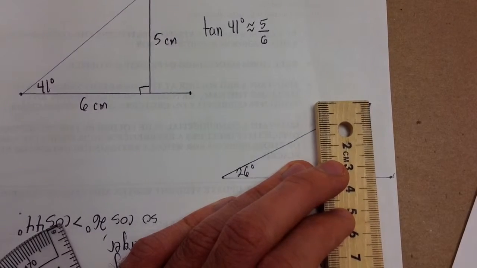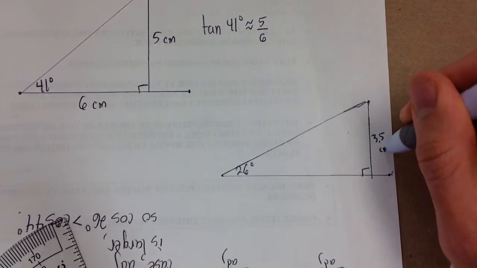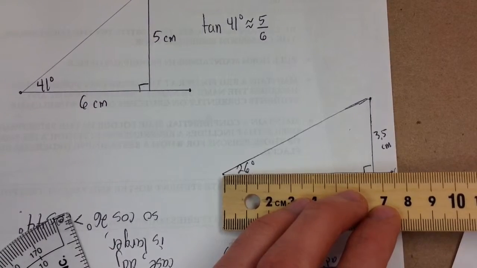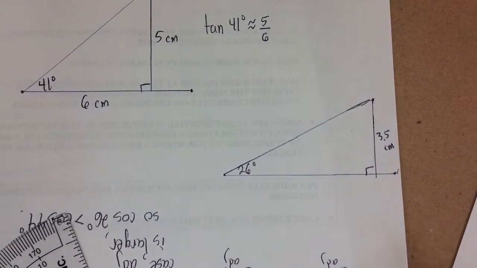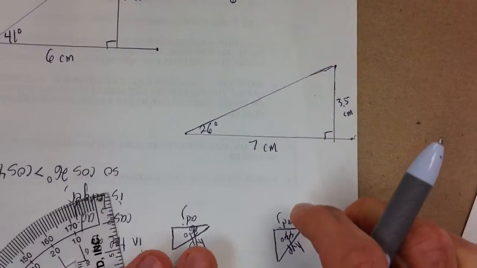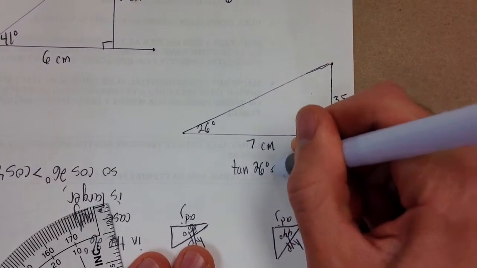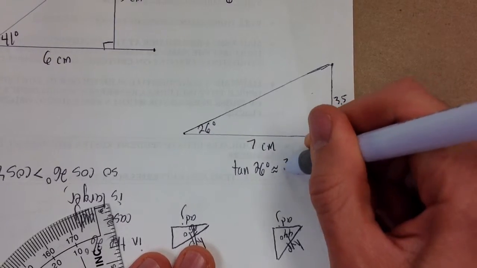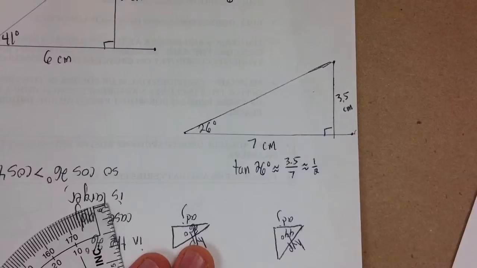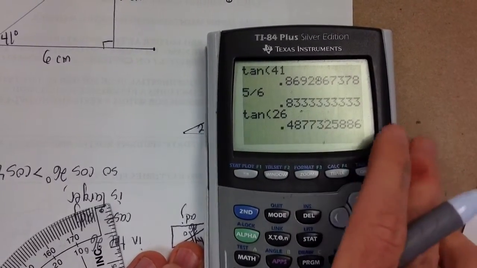I'm going to go with 3.5 for the opposite and like 7 for the adjacent. Well, that's an easy fraction. So I expect the tan of 26 degrees to be about a half, 3.5 to 7. Let's confirm that. Yep, 0.49.